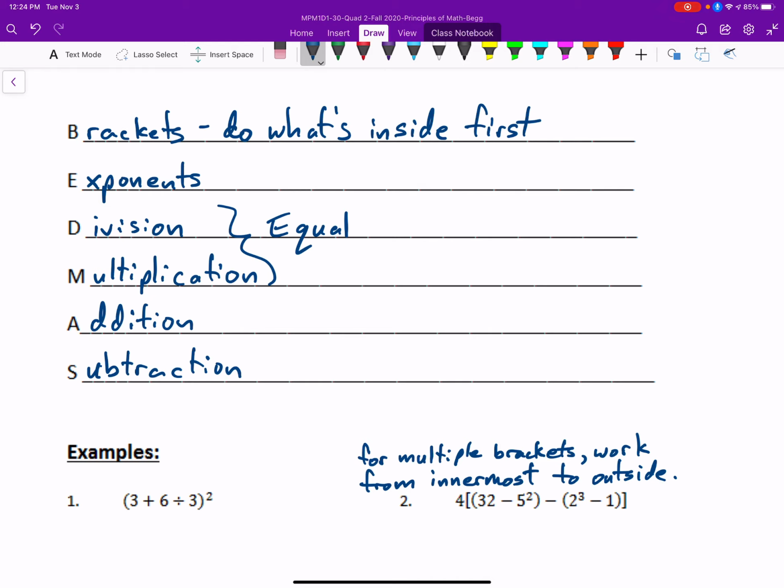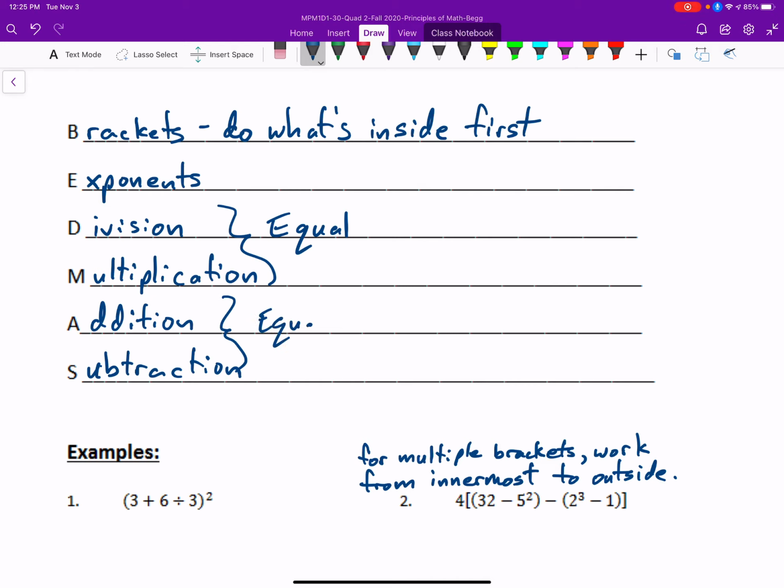In English, we read sentences from left to right. And in many ways, we should read math questions from left to right as well. If it's a bunch of numbers and operators, then we should go from left to right. And if we have division and multiplication, whatever one comes first is the one that we do first. And the same thing goes for addition and subtraction. They're also equal.